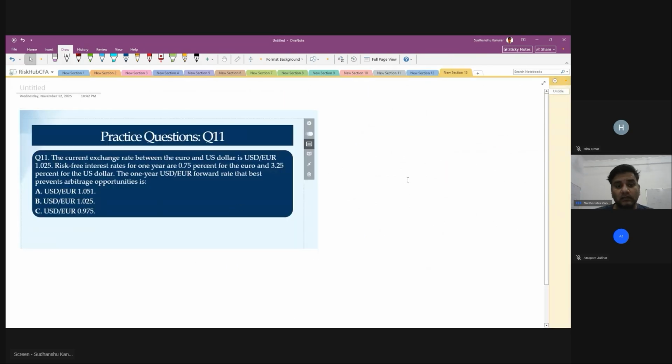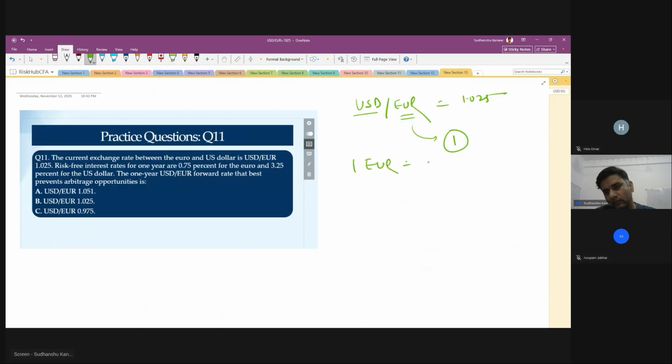Okay, the current exchange rate between euro and USD. Again, please understand, it is given to me as USD by euro. The current exchange rate USD by euro is given to be 1.025. Euro is 1, USD is higher, so it means 1 euro is 1.025 USD.